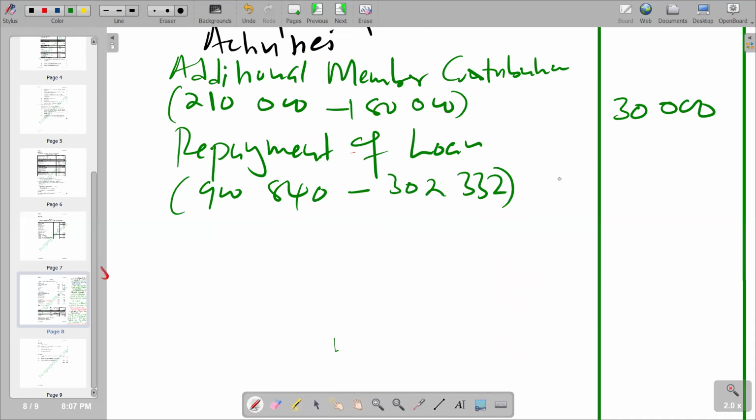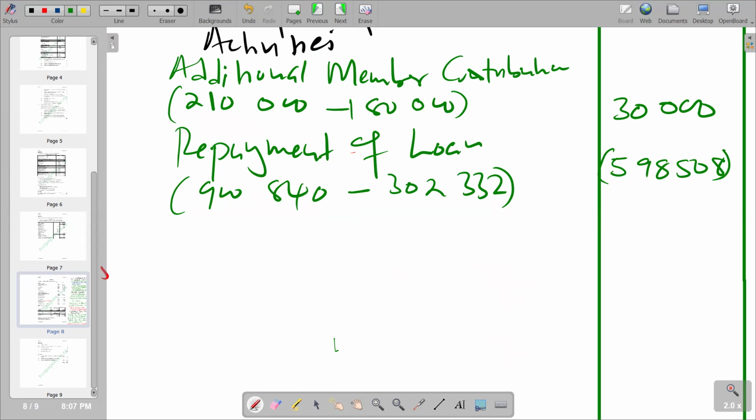So if you calculate there, you're going to get your 598,000. Maybe we can just try to calculate by saying 900,840 minus 302,332. And then the figure that you're going to get is 598,508. And this one is an outflow because we are repaying the loan.